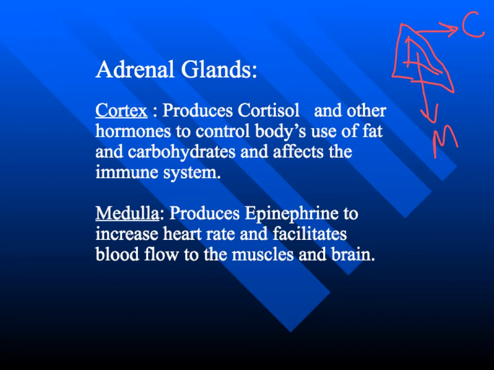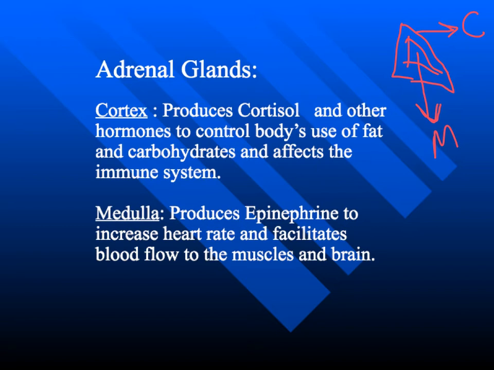The medulla produces epinephrine, which increases the heart rate and increases the blood flow to the muscles and the brain. That's your fight or flight hormone, right? So whenever you need to run, epinephrine gets secreted in the body and gets blood to the muscles so that you're able to run.